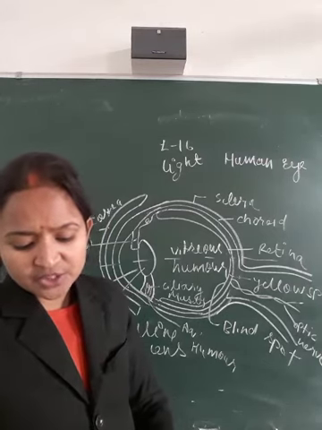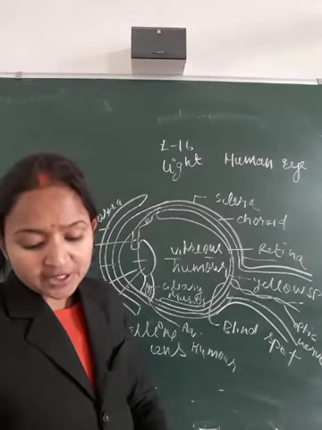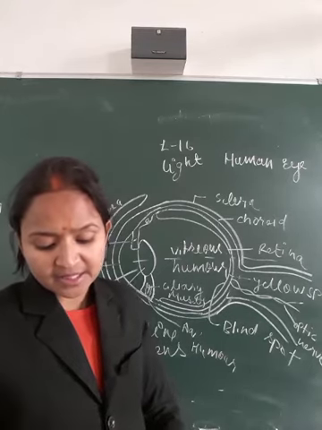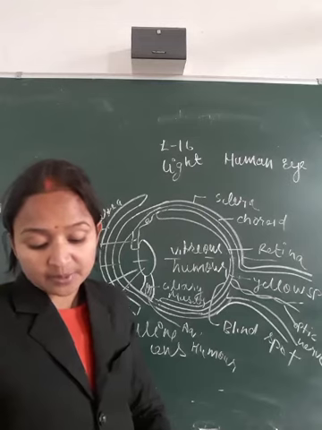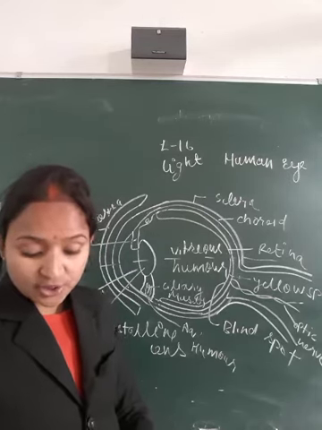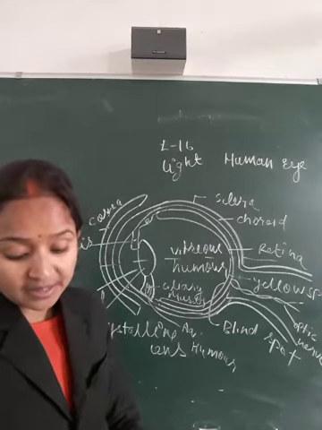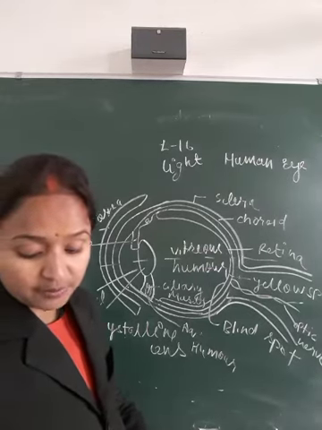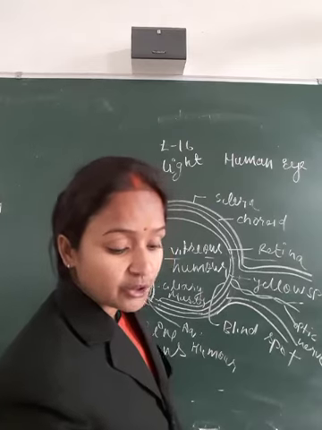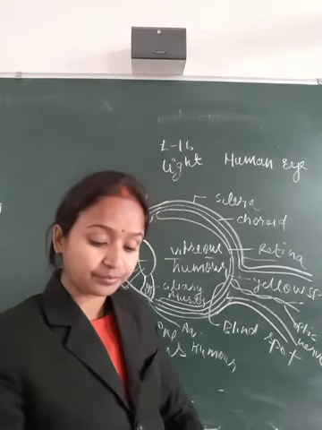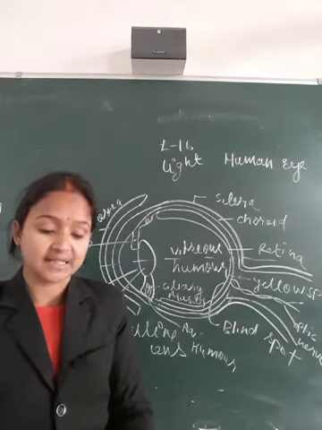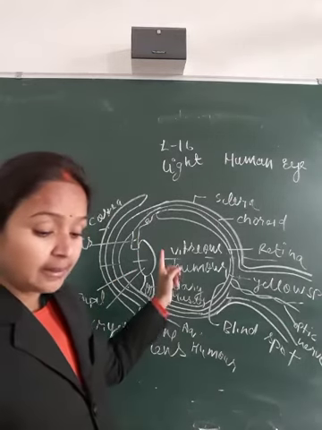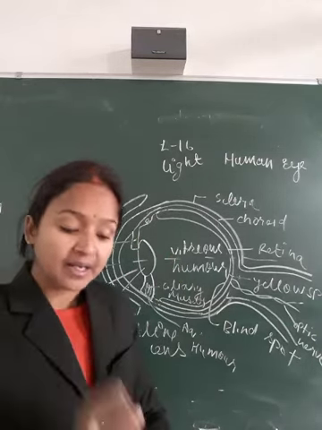The nerve endings form a hemispherical screen called the retina, and the nerve endings on the retina are sensitive to the visible light. We will discuss the retina separately. The function of retina is to receive the optical image of the object and then convert it to electrical pulses, and these impulses are then sent to the brain through the optic nerve.